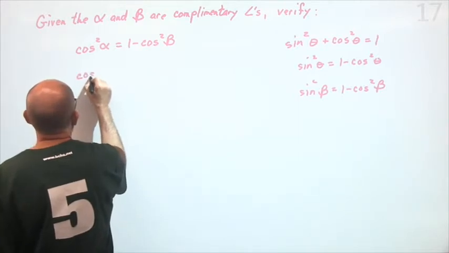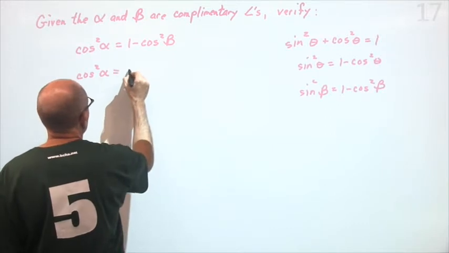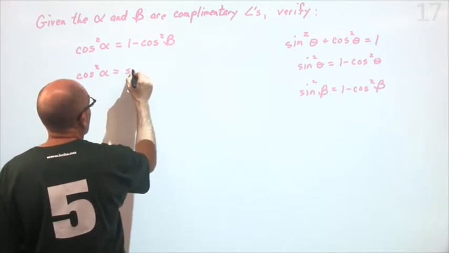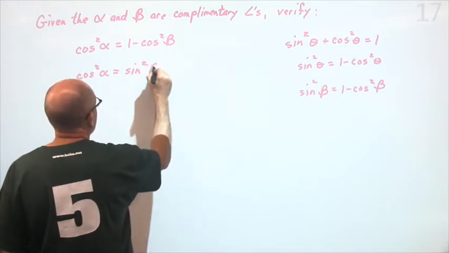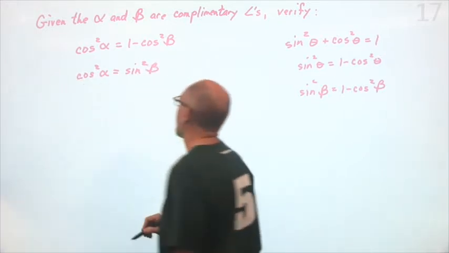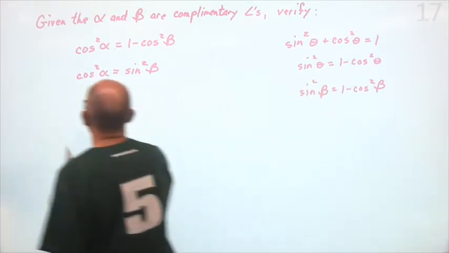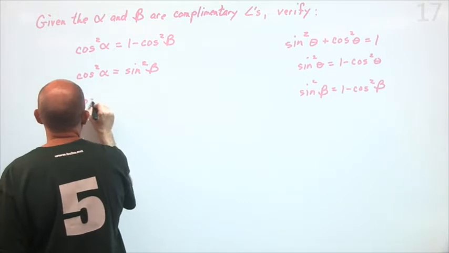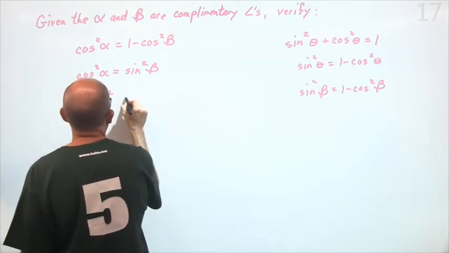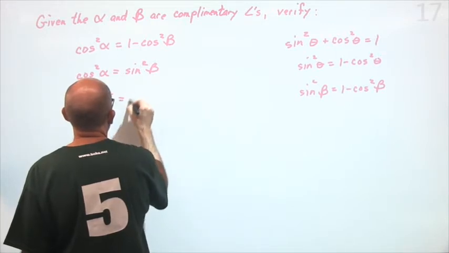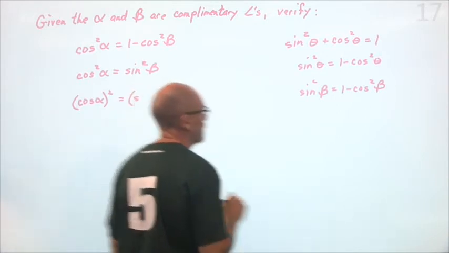So cosine squared alpha equals sine squared beta. Now, I know that cosine squared alpha is really cosine alpha squared, and sine squared beta is really, let's just leave it sine squared beta.